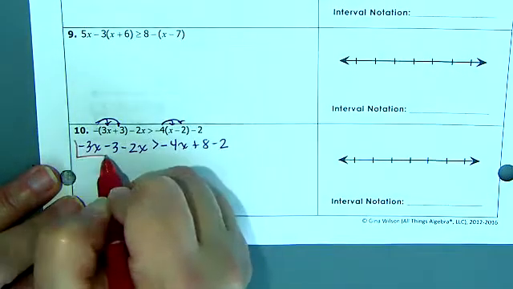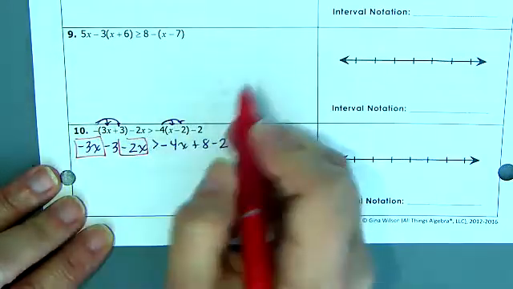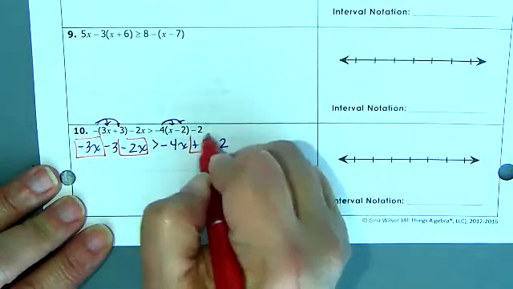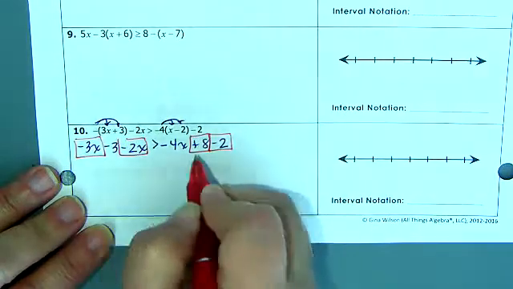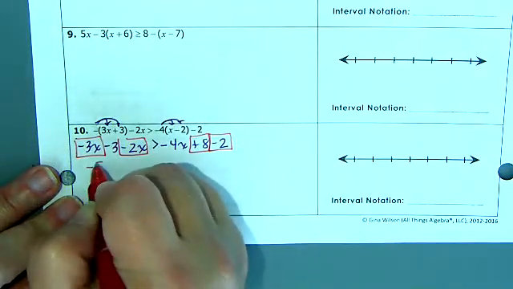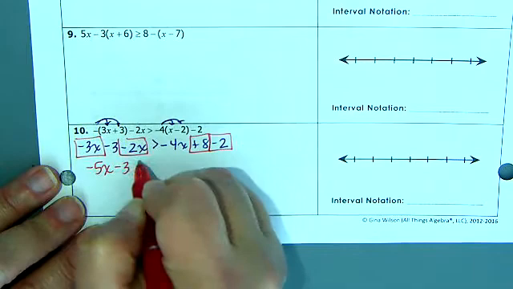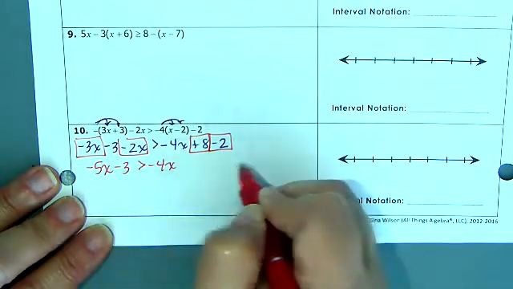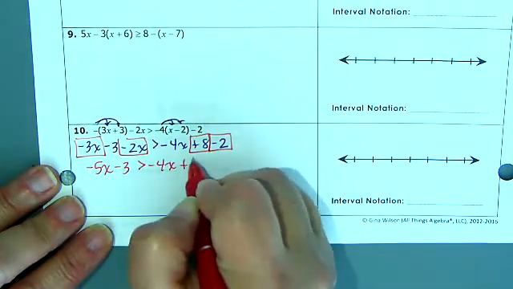Combine my like terms on both sides. Simplify each side, so I end up with a negative 5x minus 3 is greater than negative 4x plus 6.